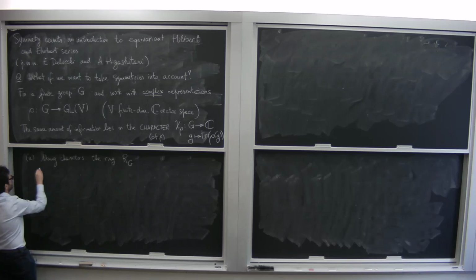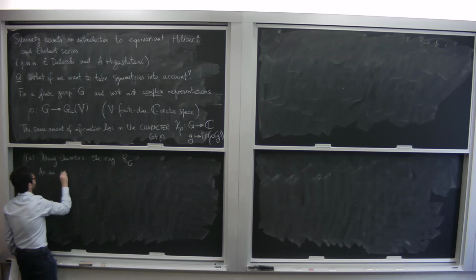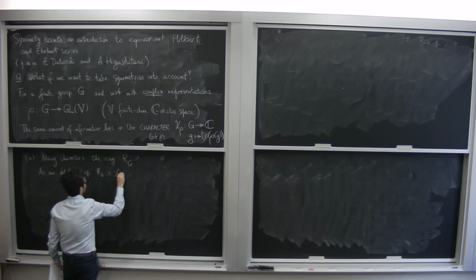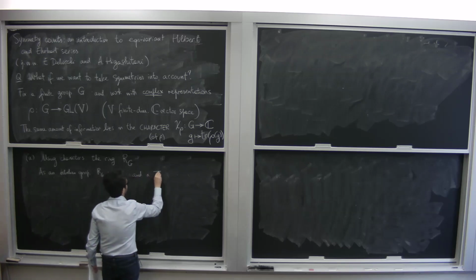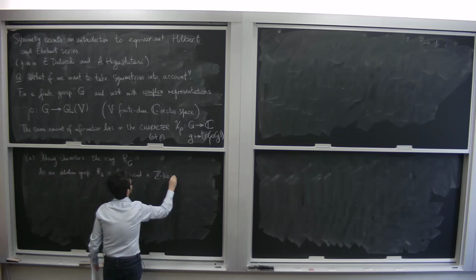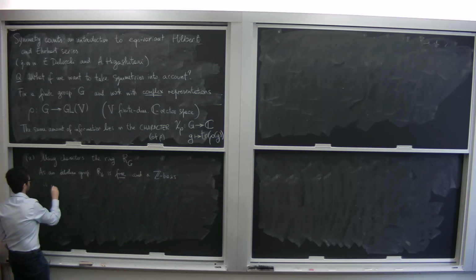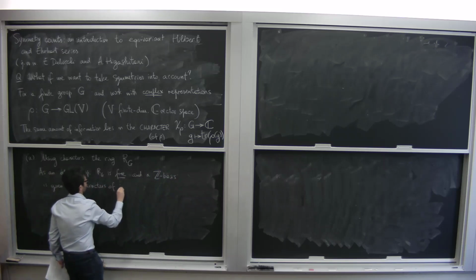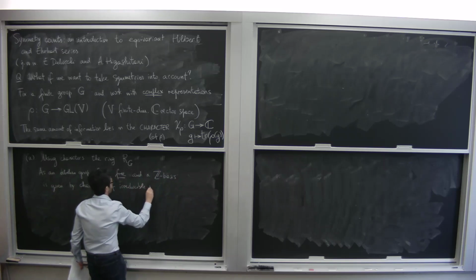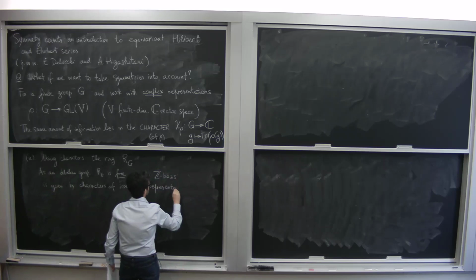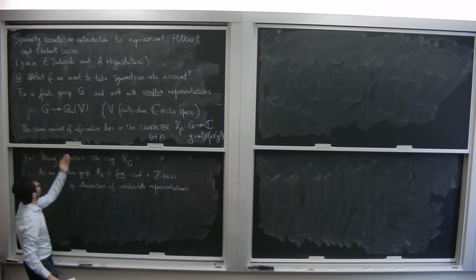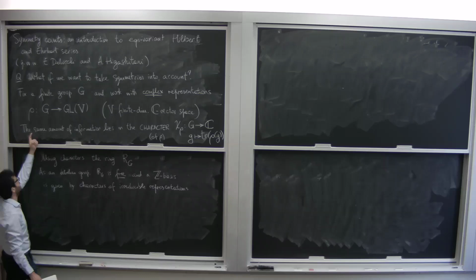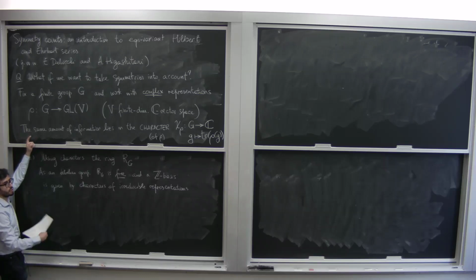So this thing here, as an abelian group, R_G is free, and the Z basis is given by irreducible characters of G. And when I say irreducible, I mean that there is no W contained in V such that rho of g of W is contained in W for any choice of g.